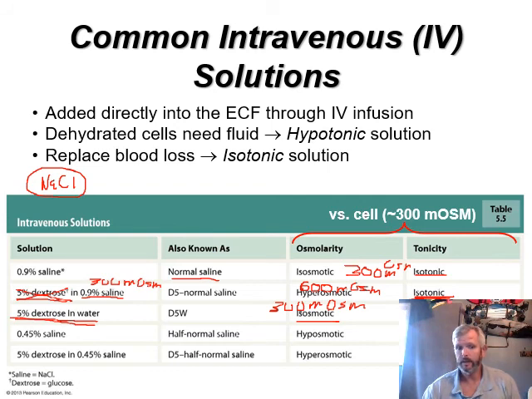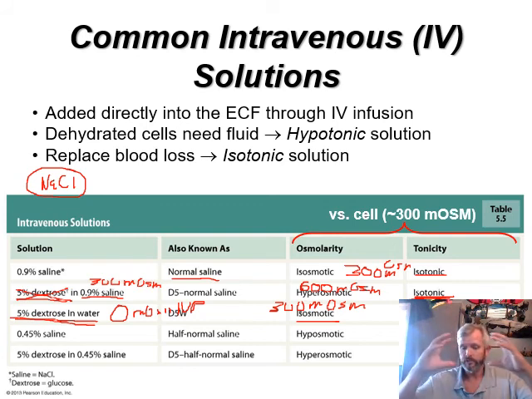There's nothing else in it but a penetrating solute, so there are 0 milliosmoles of non-penetrating solutes in this dextrose and water solution. So where's the water going to move? It's going to move from the solution, that's 0, into the cell, that's 300, and now the cells will swell, and we have a hypotonic solution. So again, this is why this is important, but all we have to care about is the non-penetrating solutes.